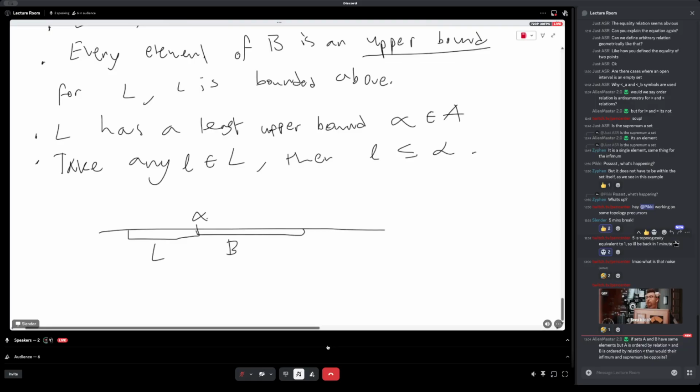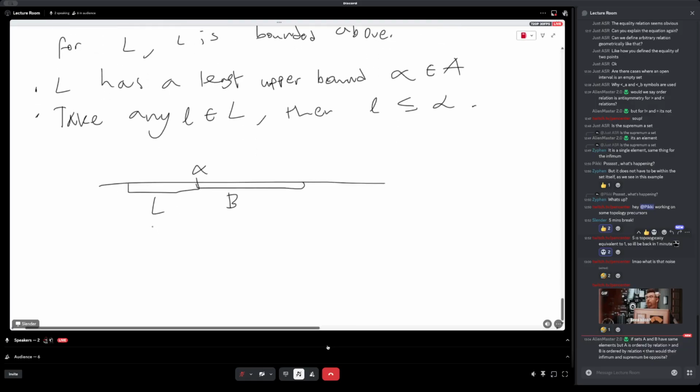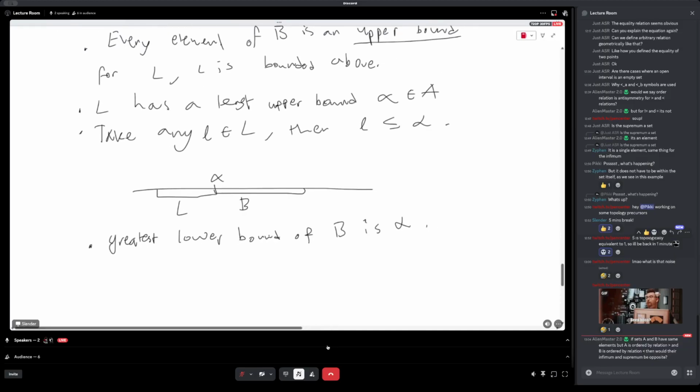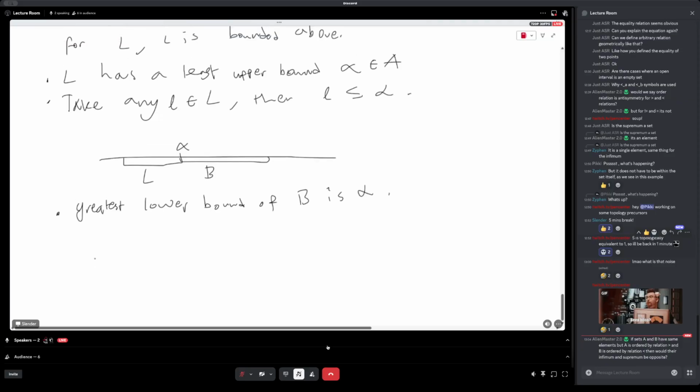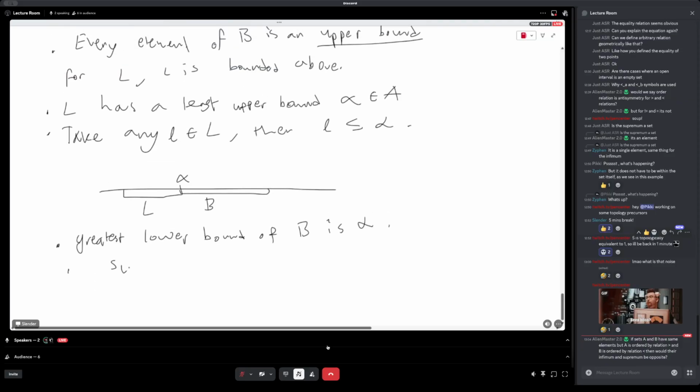Doesn't this mean that the greatest lower bound of B is alpha? So we can say that the supremum of L is equal to the infimum of B.